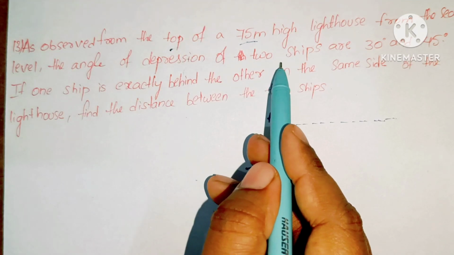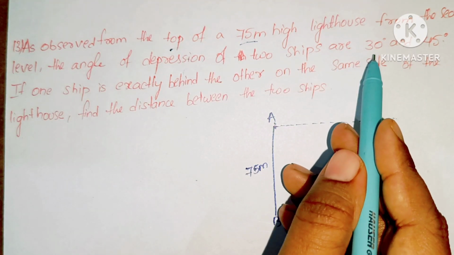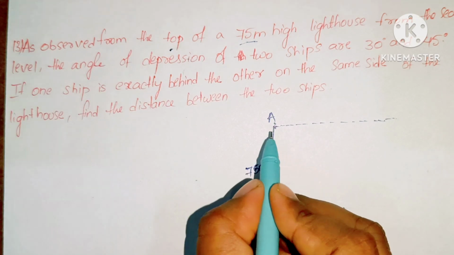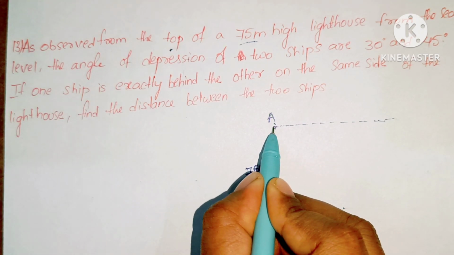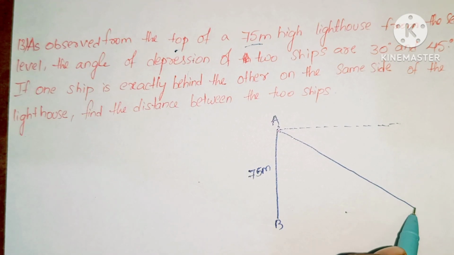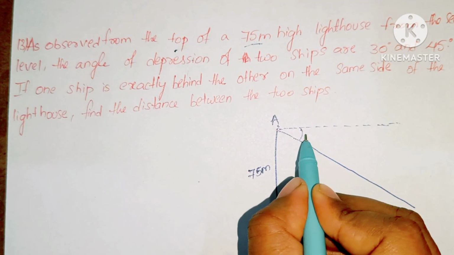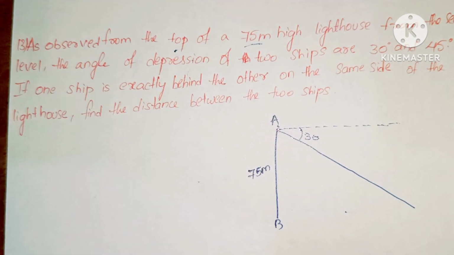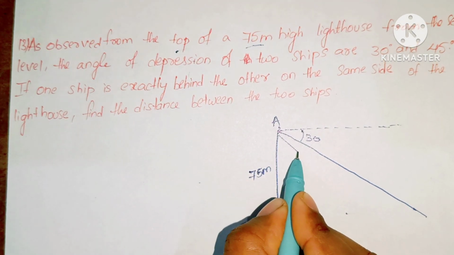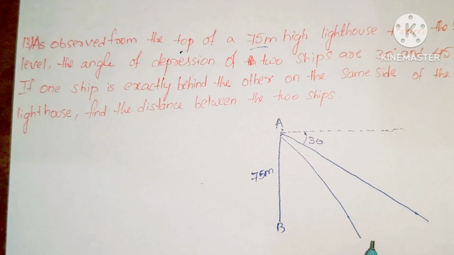First, the angles of depression of two ships are 30 degrees and 45 degrees. The first angle of depression is 30 degrees, and the next angle of depression is 45 degrees.